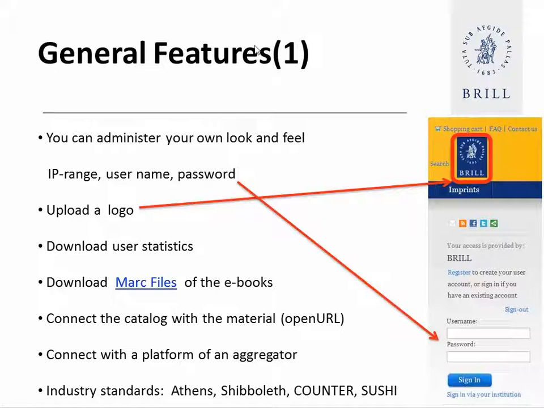Most people will have access via an IP address, that's the institutional subscriptions, but it's also possible to log in with a username and a password. Institutions are able to download statistics, mark files, and other relevant information, and they can connect all the material to their own catalog via open URL. I come back to that.